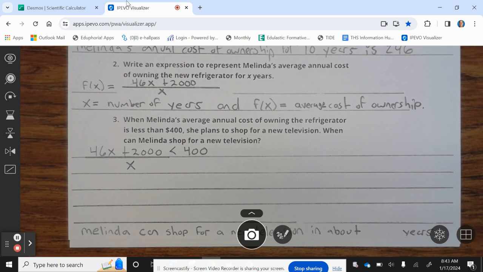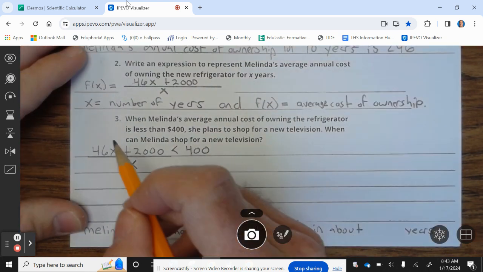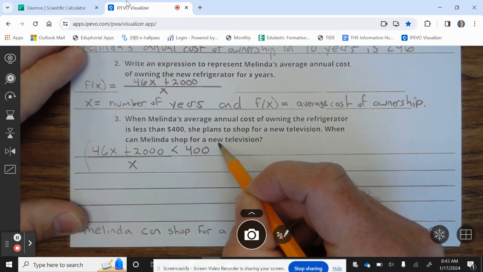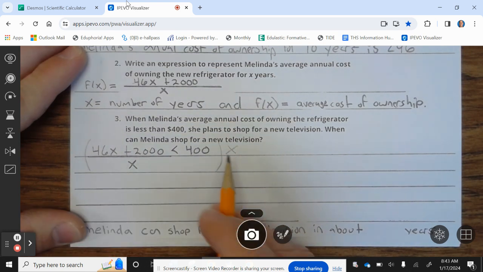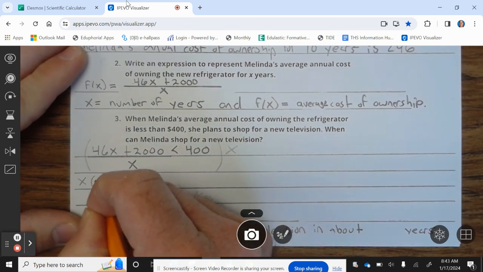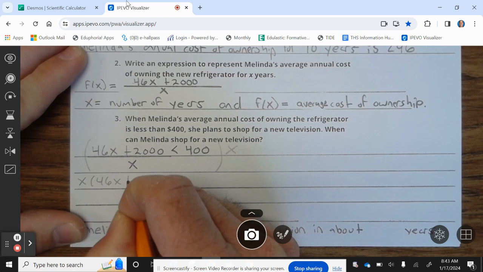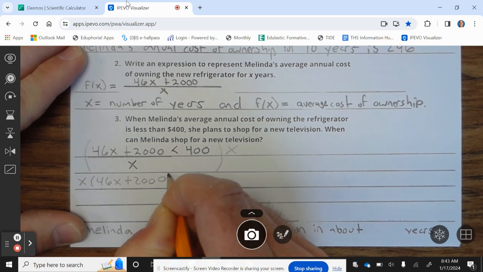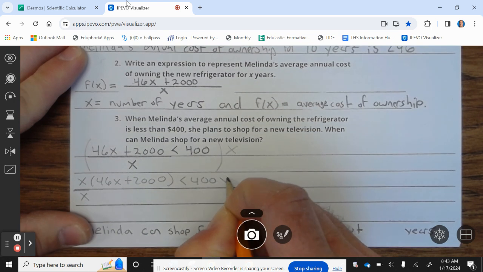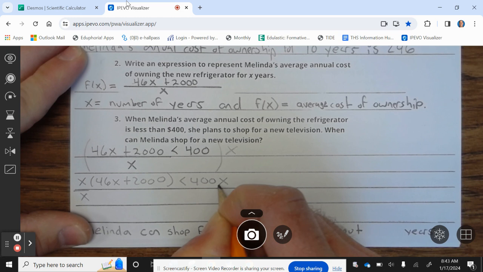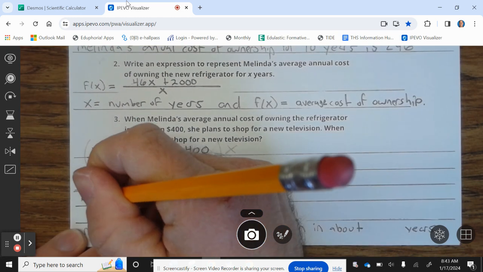So our inequality is 46x plus 2,000, divided by x. Now, we want to know when that's going to be less than 400. So now we're going to go ahead and solve that. Let's multiply both sides by x. So that becomes x times 46x plus 2,000 divided by x, less than 400x. Anything divided by itself is 1.